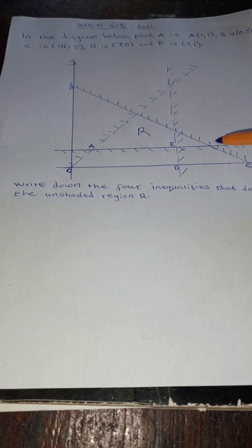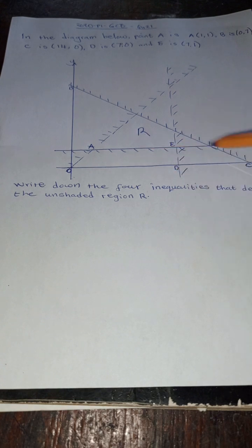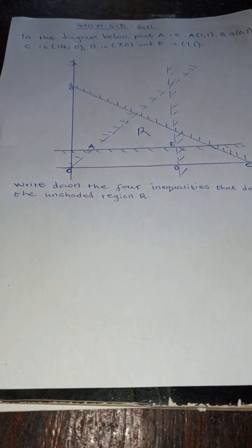So 5 marks. We'll start with the vertical and horizontal lines, which are simple to start with. Then we'll come to the diagonal.